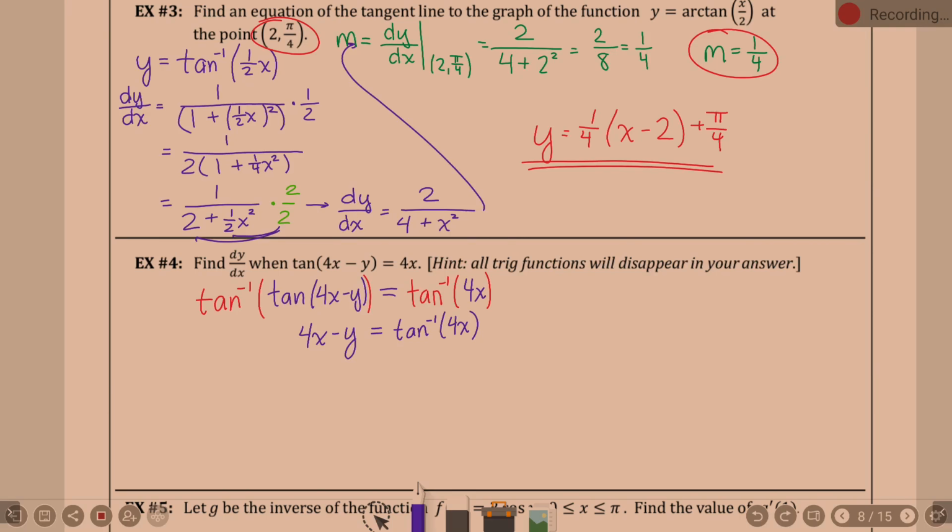Now, in order to differentiate, we need to first solve this equation for y. I'm going to subtract my 4x over, so negative y equals negative 4x plus tan inverse of 4x. We don't want negative y, so multiply by negative 1 or change all your signs.